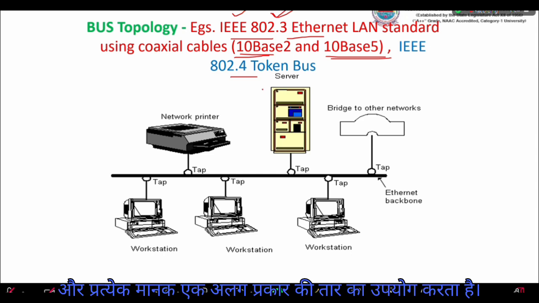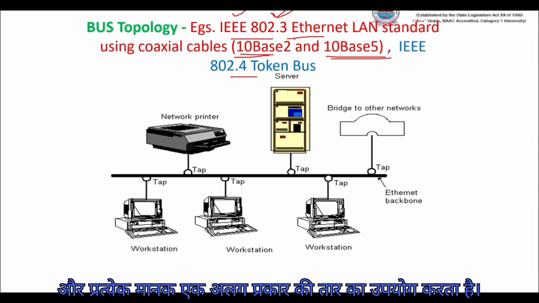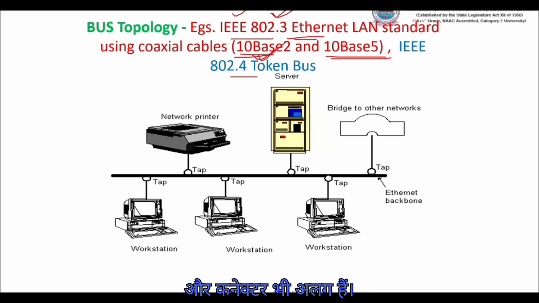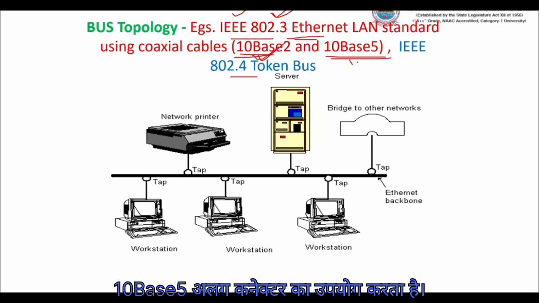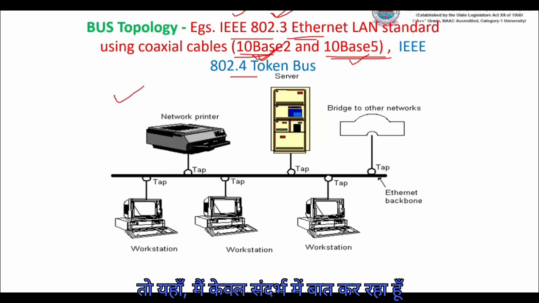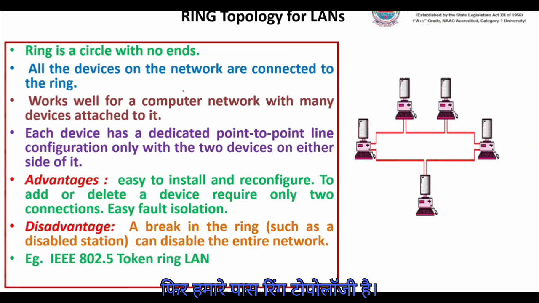So these are IEEE standards, and each of the standards uses a different kind of wire. So 10 base 2 uses a thin coaxial cable wire, and the connectors are also different. 10 base 5 uses different connectors. I'll talk about these later on. So here I'm talking just as an example of bus topology.